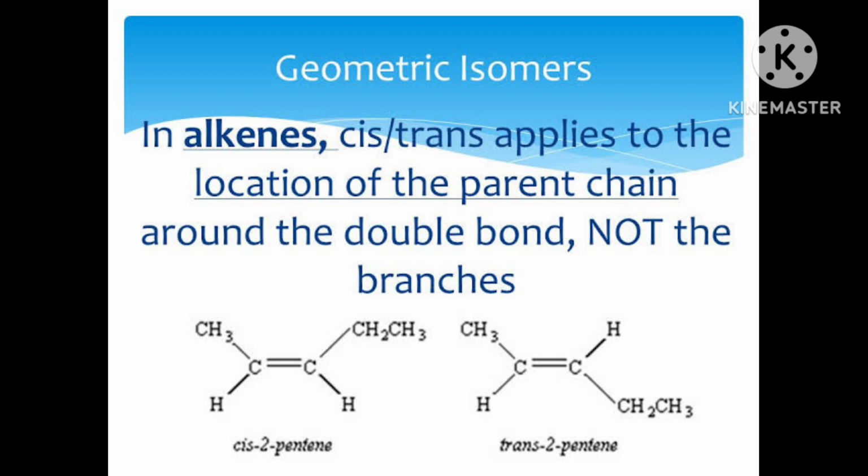This results in different geometry. Therefore, they are stereoisomers. They are called stereoisomers because in space they differ in arrangement. Correct? That's why it is called stereoisomers. Cis and trans is an example of stereoisomers because they change their arrangement in space.